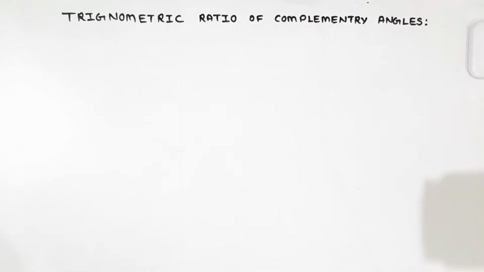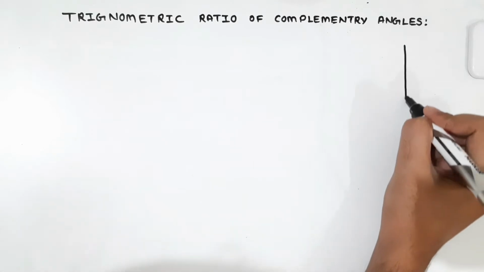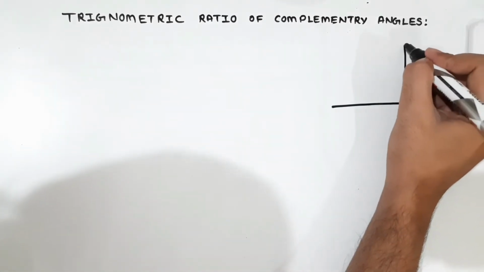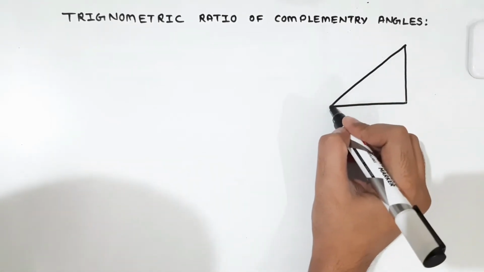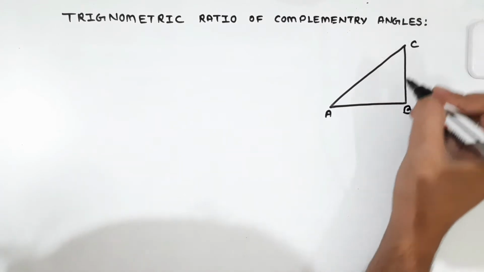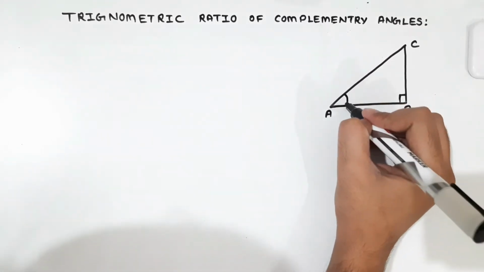Now let's talk about trigonometric ratio of complementary angle. So firstly, we will draw a right angle triangle ABC. This is a right angle triangle ABC in which angle B is 90 degree. Let angle A is theta.